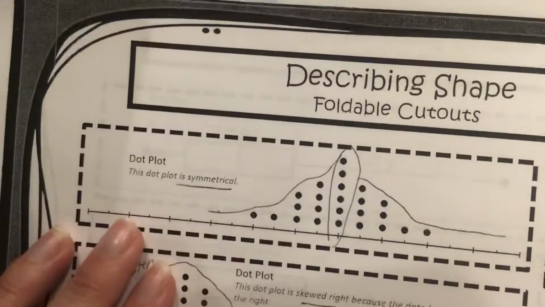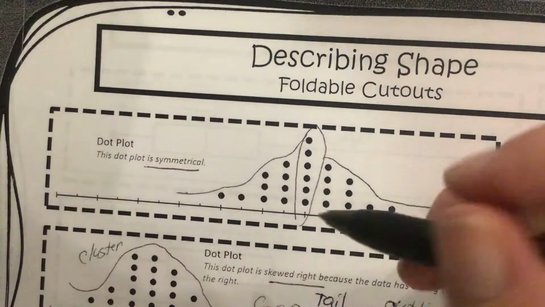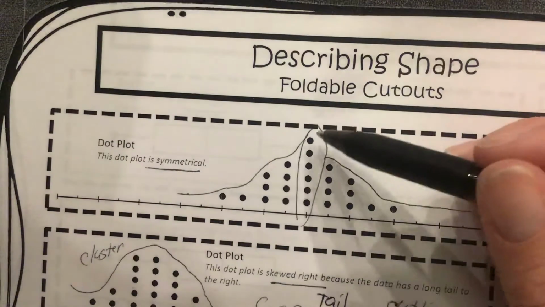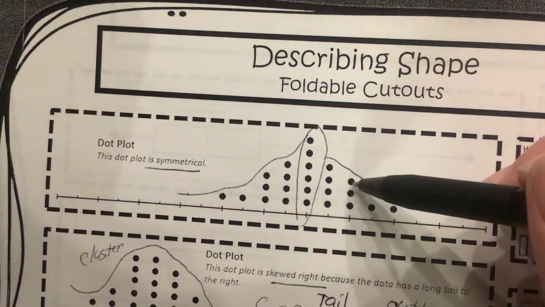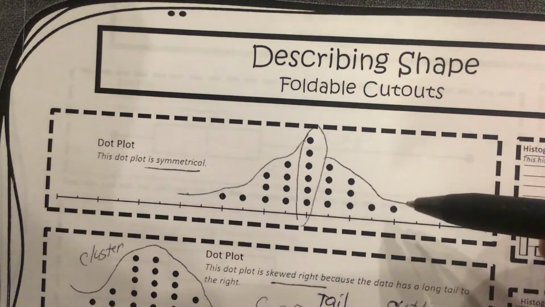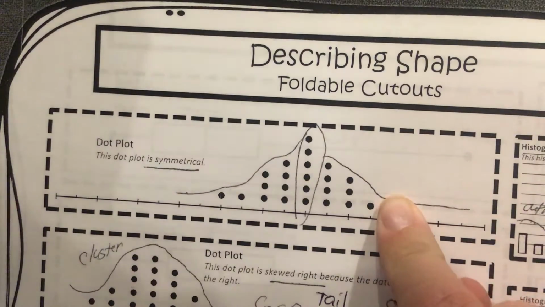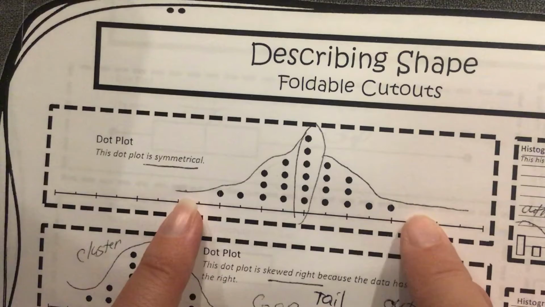All right, a dot plot that is symmetrical looks about like this when you make your measure of shape. It doesn't have to be exactly the same on both sides, but just mostly the same. Like if this was missing one right here and this had it, that's okay. This would still be considered symmetrical. Okay?